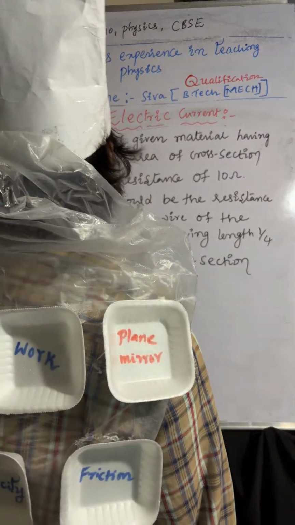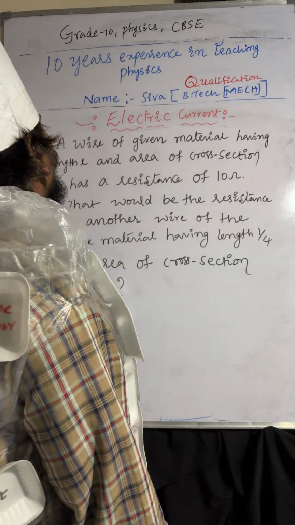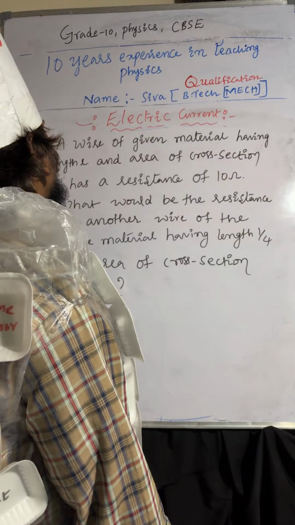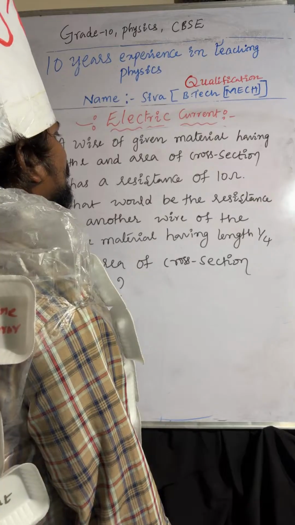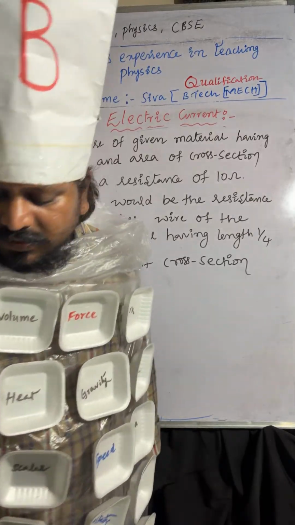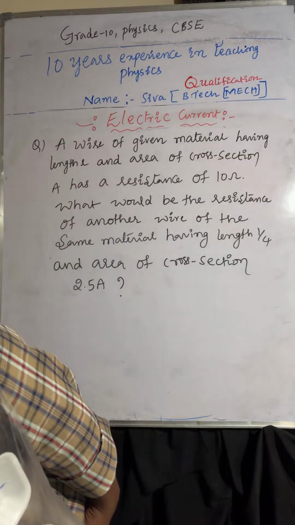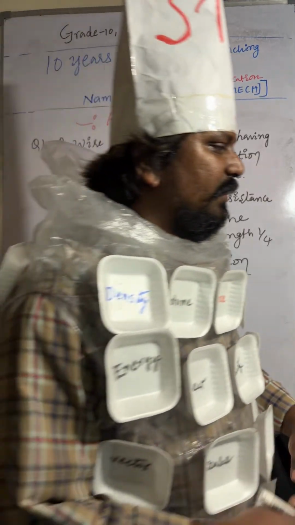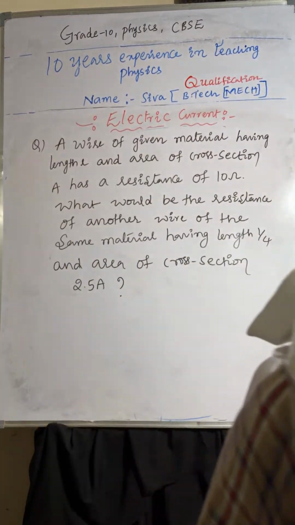Check once. A wire of a given material having length and area of the cross section A has a resistance. So resistance is given. Try to identify the data. Let me know the answer.